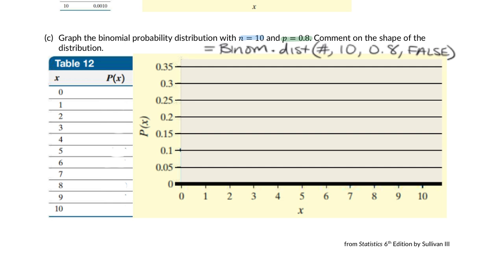I want to refer to the A2, so I'm going to type A2. The number of trials is 10. The probability this time is 0.8, but we are not doing this cumulatively, so we're putting false as the last one. Take the corner of that cell and drag it all the way down to copy that formula for all of your random variables.